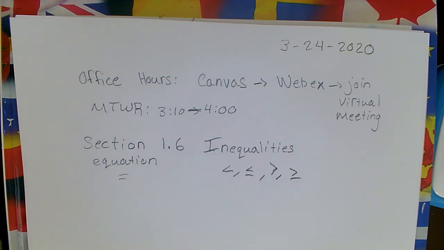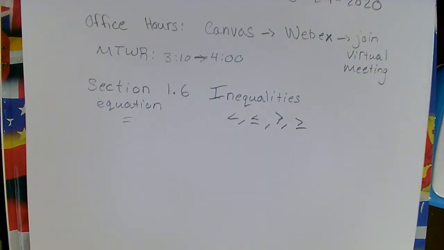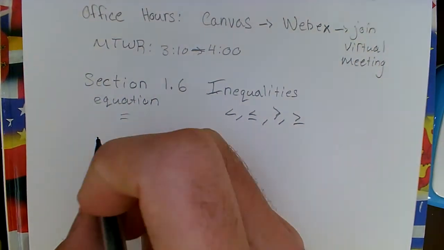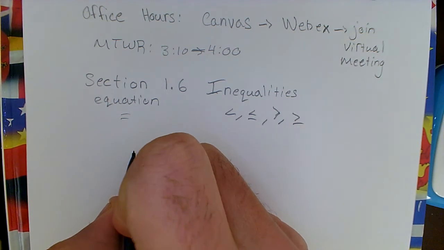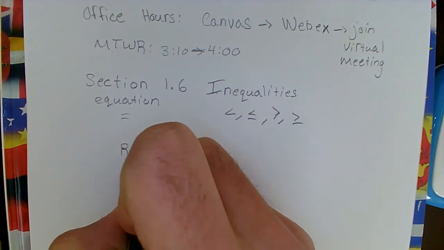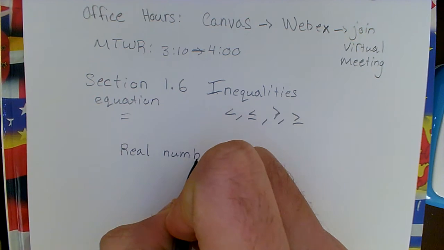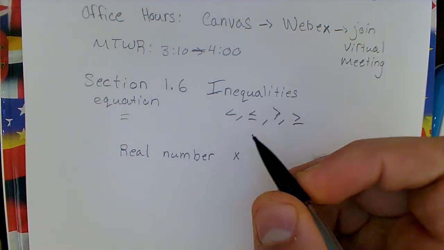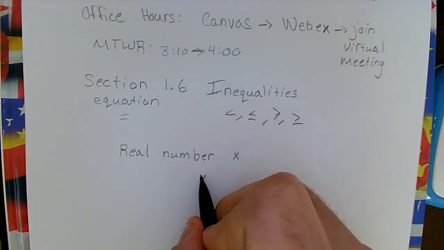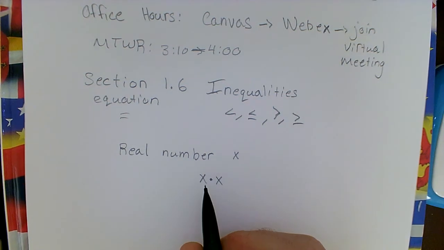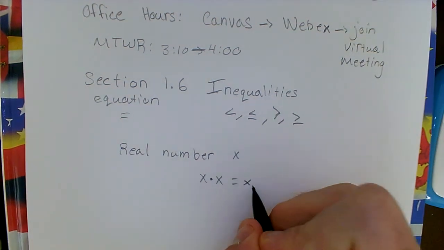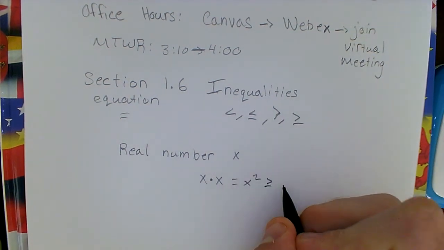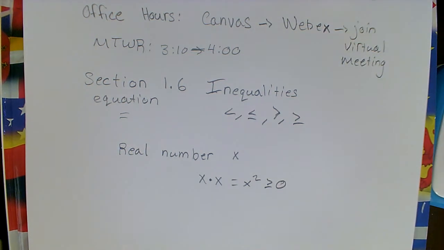For example, if you have a real number x, then we know that x times x, whether it's positive or negative or 0, equals x squared, which is always going to be greater than or equal to 0. So that's one example of an inequality that we kind of know already.